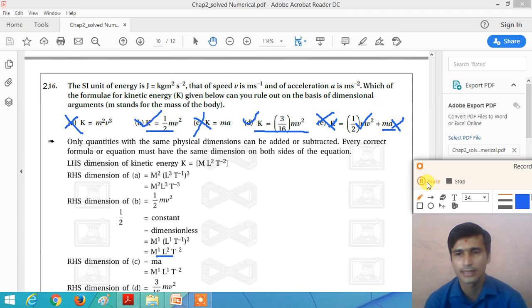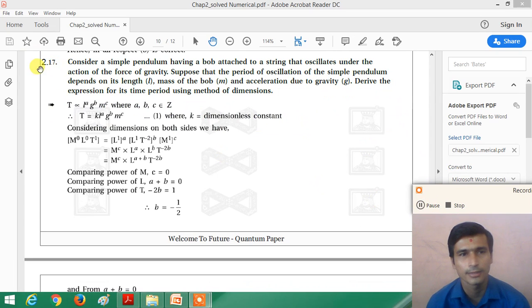Now example 2.17. Consider a pendulum having a bob attached to a string that oscillates under the action of the force of gravity. Here the bob of the simple pendulum oscillates under the force of gravity.